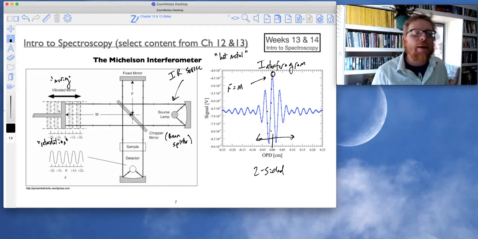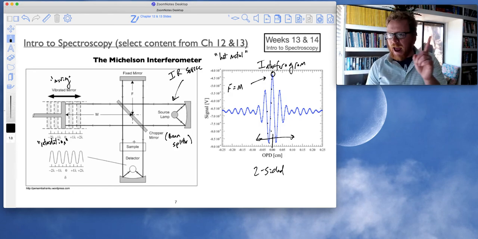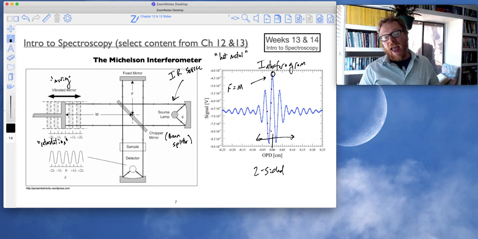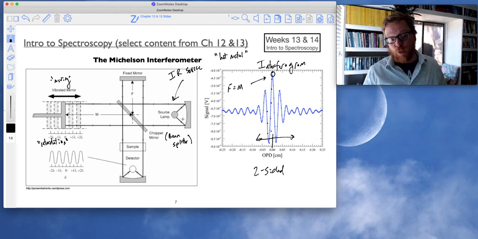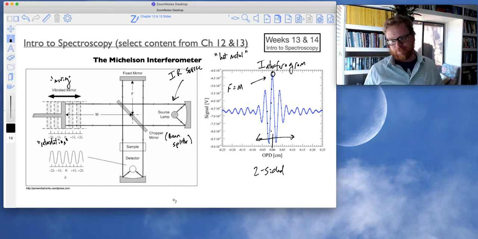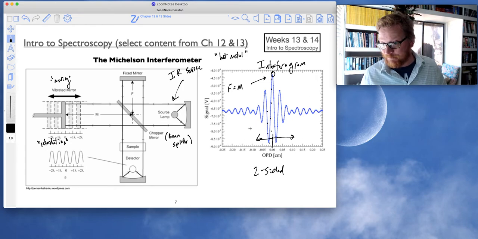By the time you've scanned through all of your wavelengths, and that's achieved by literally just moving this mirror back and forth, you will have passed through every single wavelength available from this lamp at insanely high spectral resolution. The Fourier transform is then the mathematical algorithm that converts this signal right here into a spectrum.